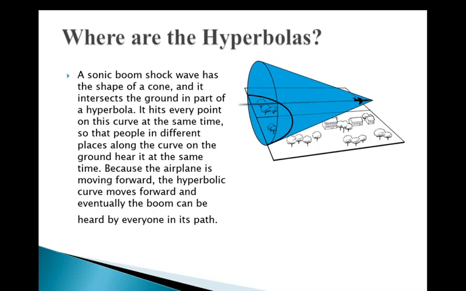Now, one of the coolest parts is you can actually see a plane before you hear it. So if a fighter plane in this picture, if you're sitting in your house and you look up, you'll see the plane, but you can't hear it. That's because the sound wave is actually back here, behind it. So you won't actually hear it until it passes you, which is kind of neat.